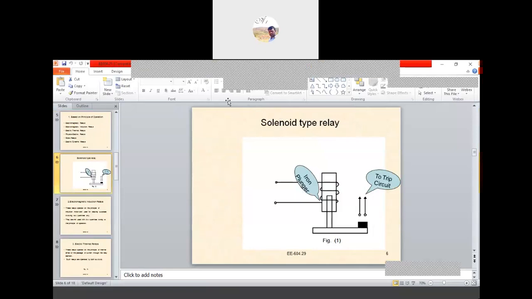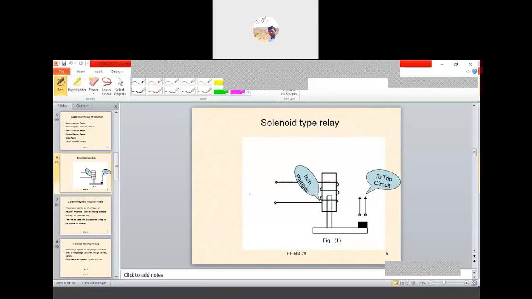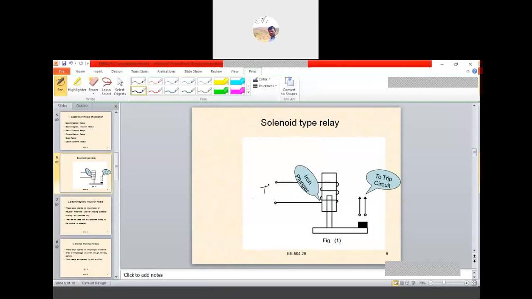The input is connected to the CT, and from the CT it is given to the circuit and connected to the plunger.